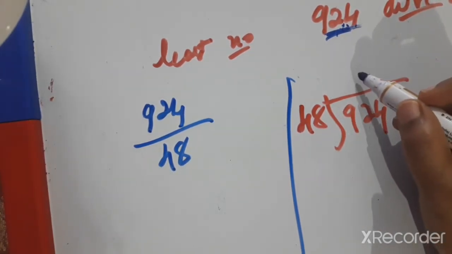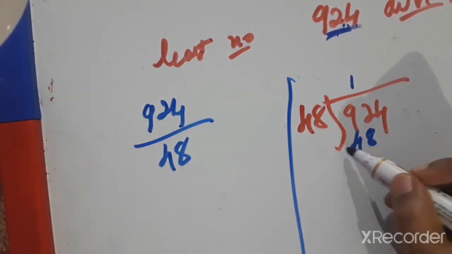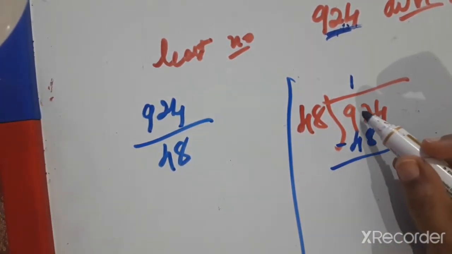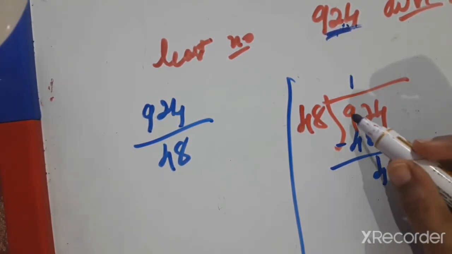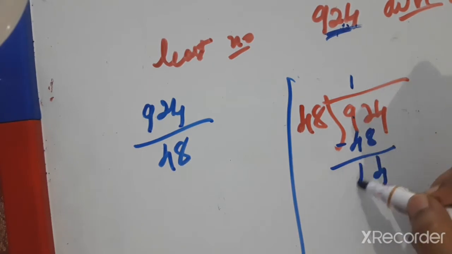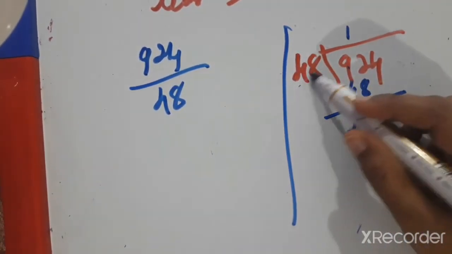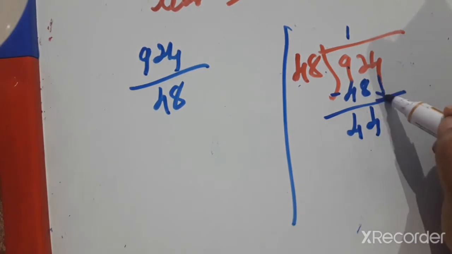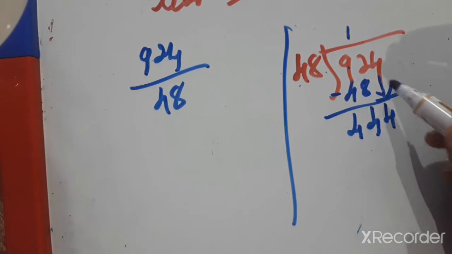Here 48 ones are 48. Minus: 12 minus 8 is 4, and 8 minus 4 is 4. Now 44 will not divide by 48, so we bring down the next number, 4.